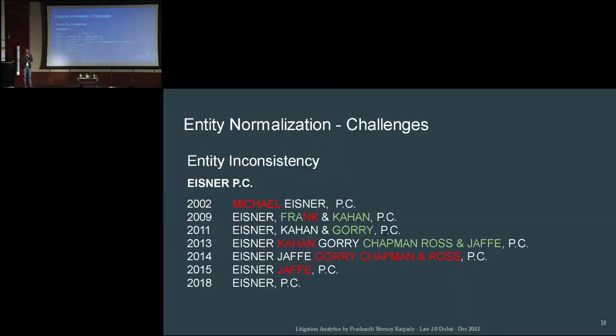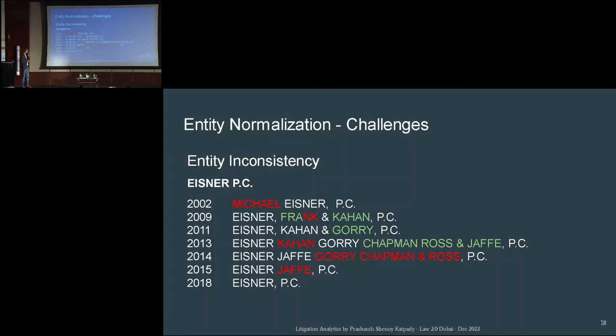Some other challenges. Entity inconsistencies. Now, if you see this law firm here, Eisner, this is how the firm is right now. But when it started in 2002, it was Michael Eisner. Okay. And in 2009, Frank joined the firm, and Kahan joined the firm. But Frank ended up leaving in 2011, and Gauri joined the firm.